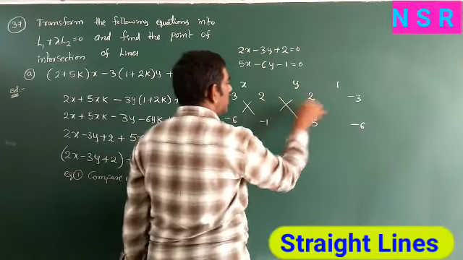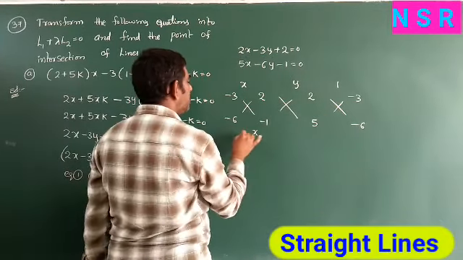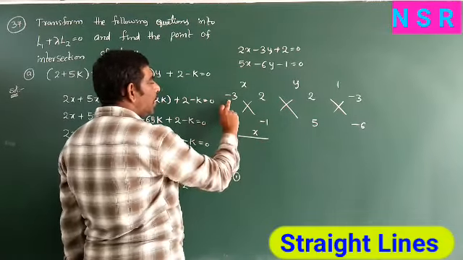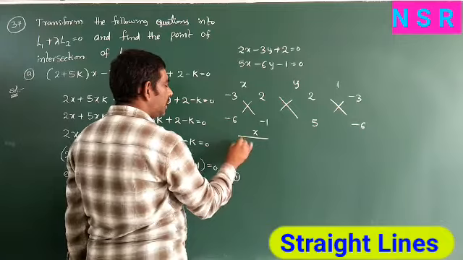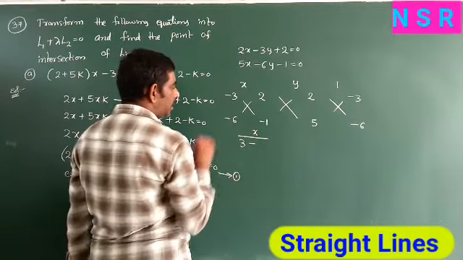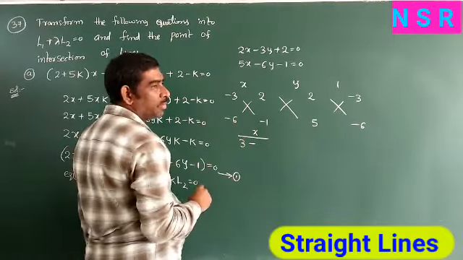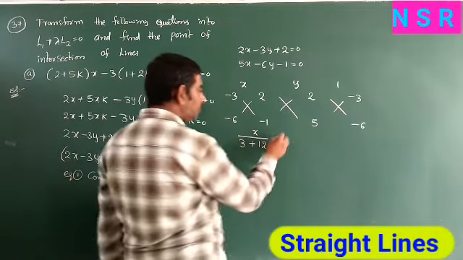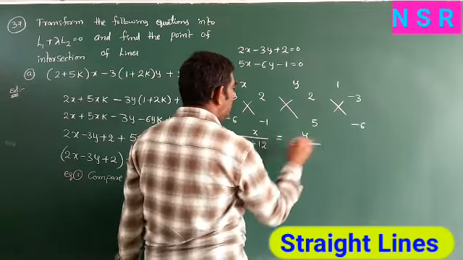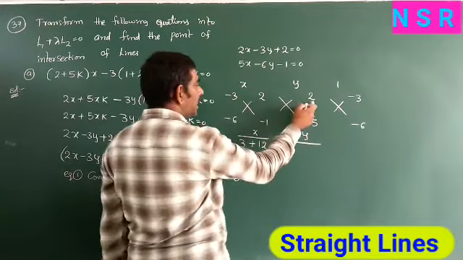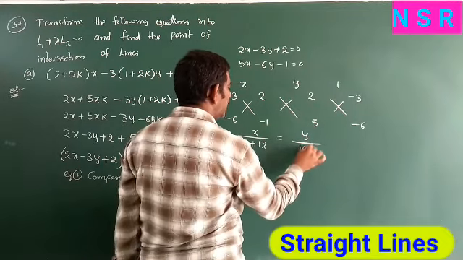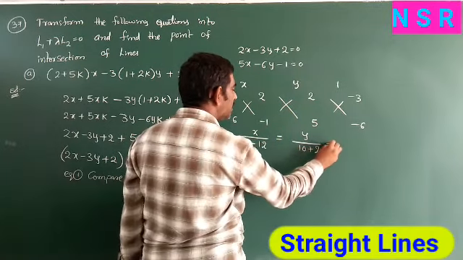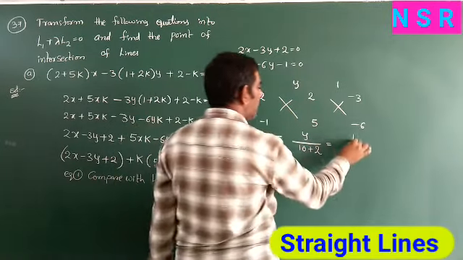Now cross here and apply the AD minus BC formula. x by AD minus BC: minus 3 into minus 1 is 3, minus 6 into 2 is minus 12, minus into minus gives plus, so 12. y by again AD minus BC: 2 fives are 10, minus 2 into minus 1 is minus 2, minus into minus gives plus 2, so 12.